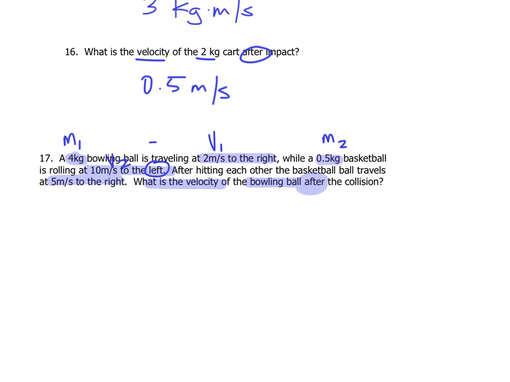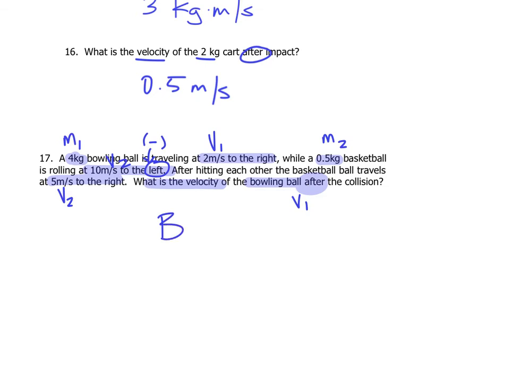However, it is going to be negative. Now, after it hits, the basketball travels 5 meters per second to the right. So this is V2 after. What is the velocity of the bowling ball after the collision? This is going to be V1.